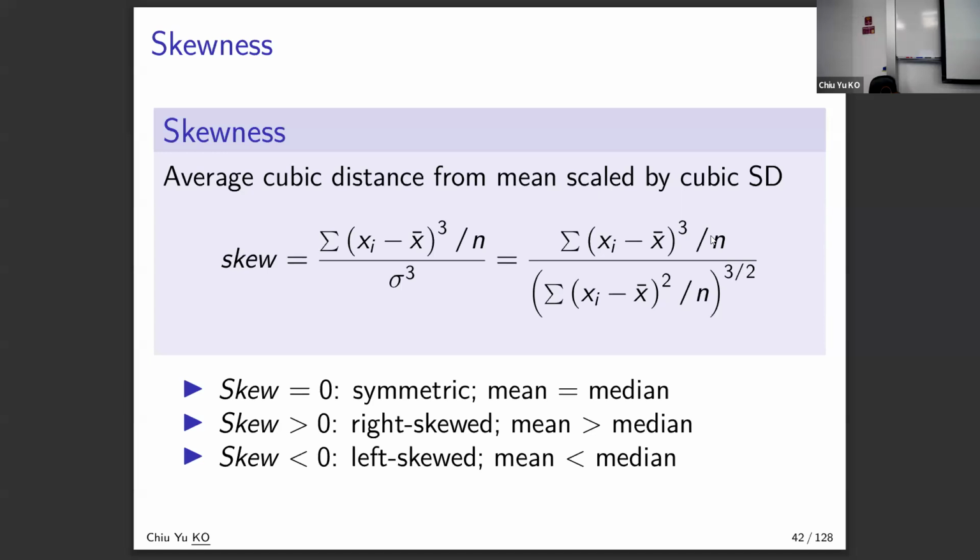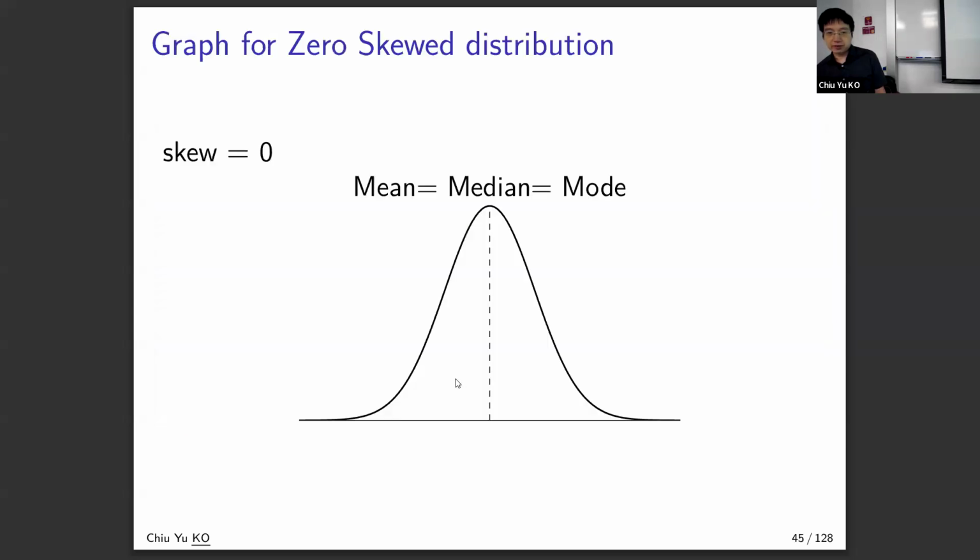Let me graphically illustrate what symmetry, left skew, or right skew means, then you will see what it does. So I'll jump a little bit ahead to look at the graph first. If it is 0, it easily means just a diagram, not necessarily this shape, but usually you will see symmetric means this is the mean here, and the left-hand side and right-hand side are symmetric.